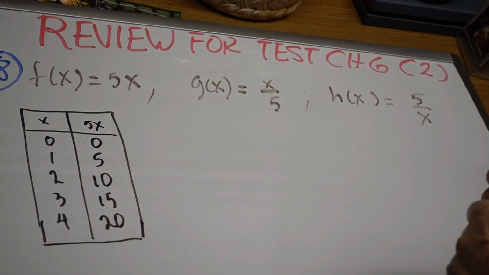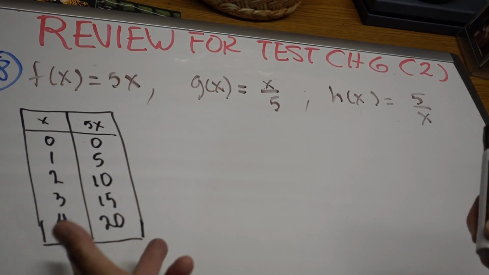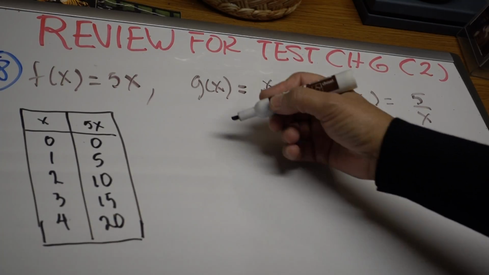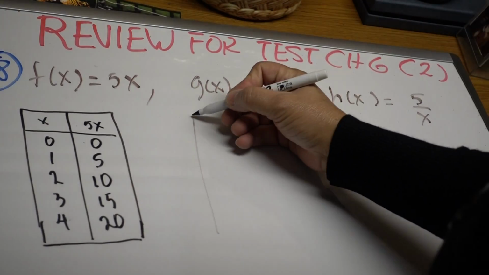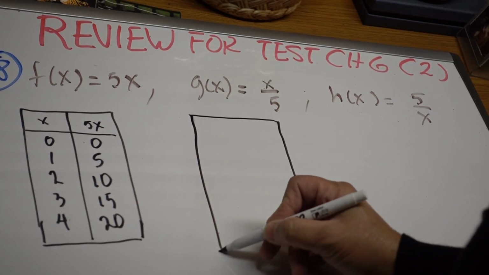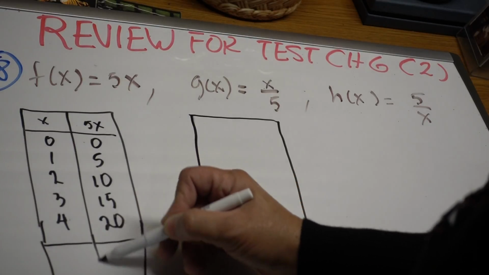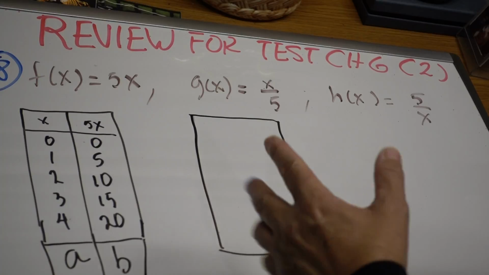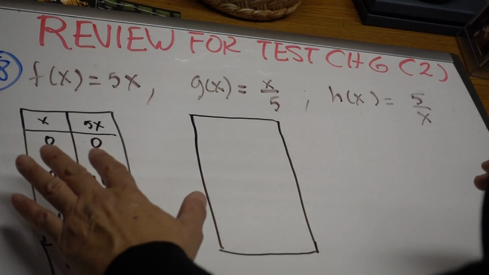Now, since I want to know if this one is the inverse, I'm going to switch the values here and put them in this table for the second one. Because remember, with 2 inverse functions, if a pair in the first one is (a, b), the second one has to be (b, a), because that's what the inverse does.